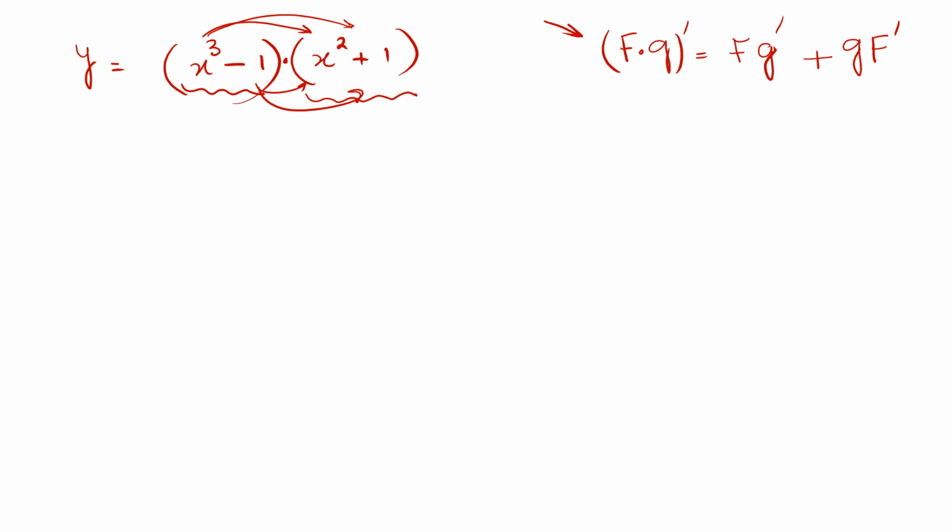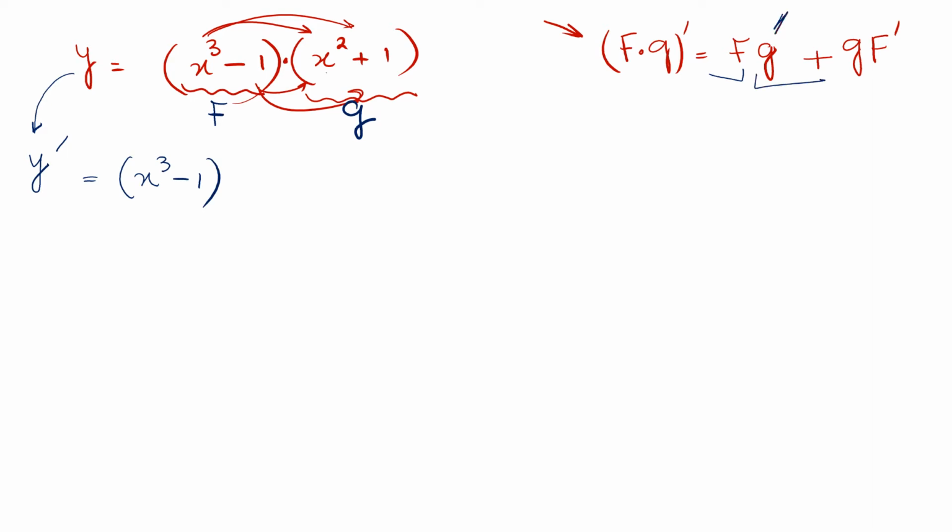Consider the first function and name it as f, and consider the second function as g. Now, first of all, according to the formula, write them all. So you are going to take the derivative. That's why you write y prime. Now, what is written here? f means you will write x cube minus 1 as it is. Then g with the prime.